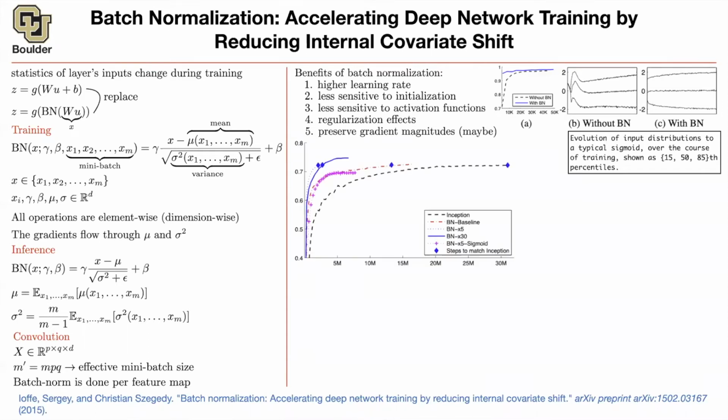So let's see it in action. This is the inception network, basically GoogleNet, the one that we covered last session. And this is the number of training steps. And the y-axis is the accuracy, and it's getting closer to, I don't know, 70% accurate.